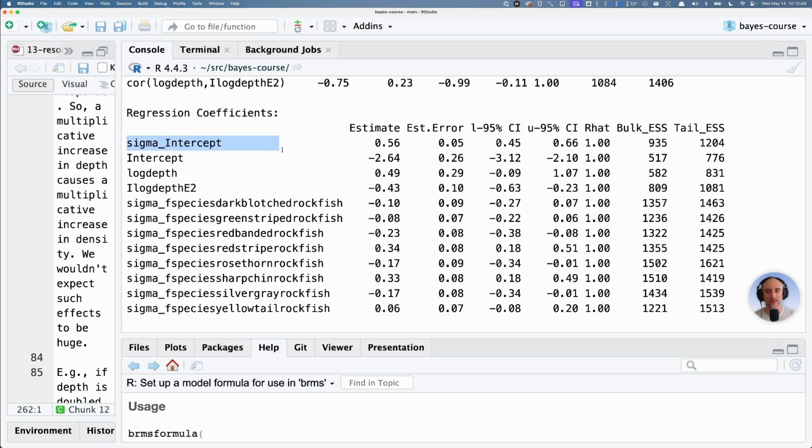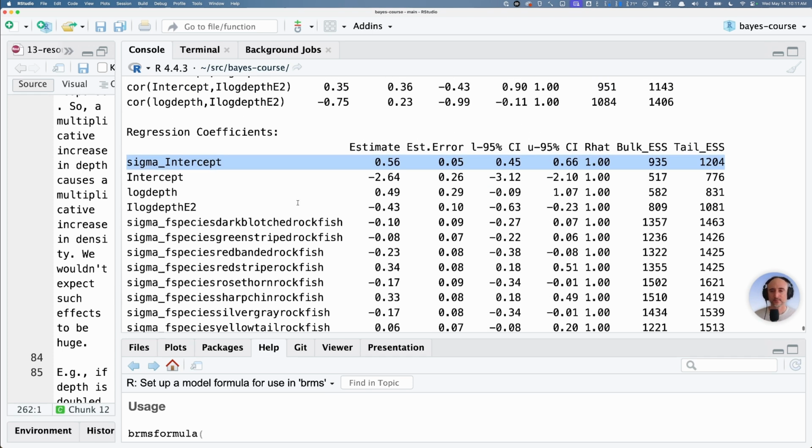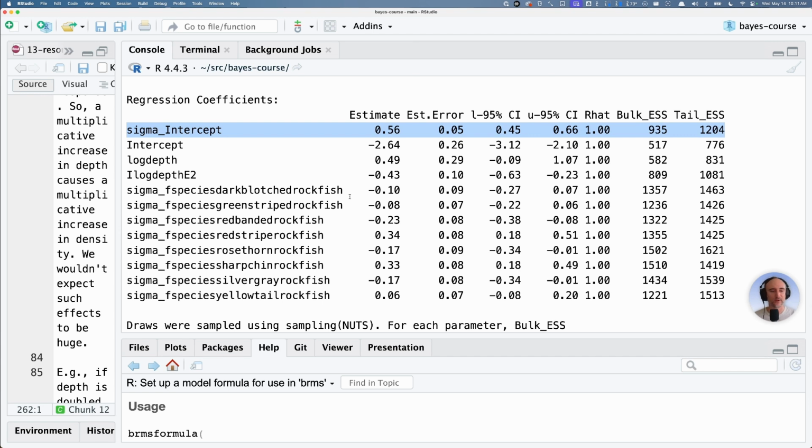And then the funny thing that you might not have seen before is now that we have modeled the observation error sigma as a function of species, we have an overall sigma. So this would be the sigma for whatever species had the first factor level, which I think is alphabetical here. And then the other ones are offsets from that. So this is our first species, standard deviation of the observation error, and then dark blotched is 0.1 lower than that.